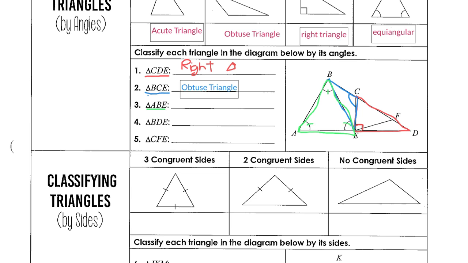So all three of those sides are congruent, and we know that means it is equiangular, as it says up there in our notes. So I'm going to type out equiangular. There we go, equiangular triangle. Let me move this into place so it looks a little bit better.